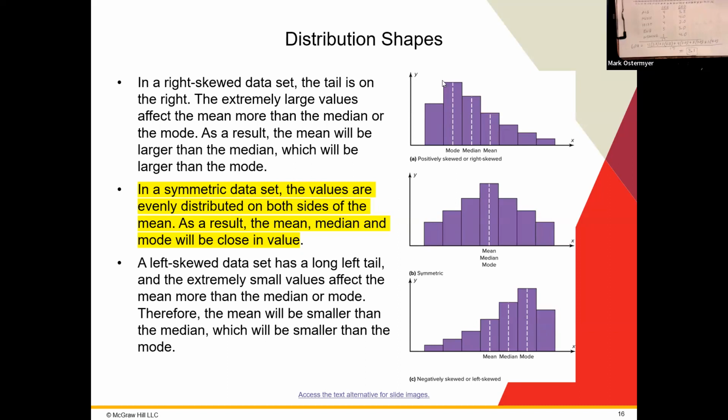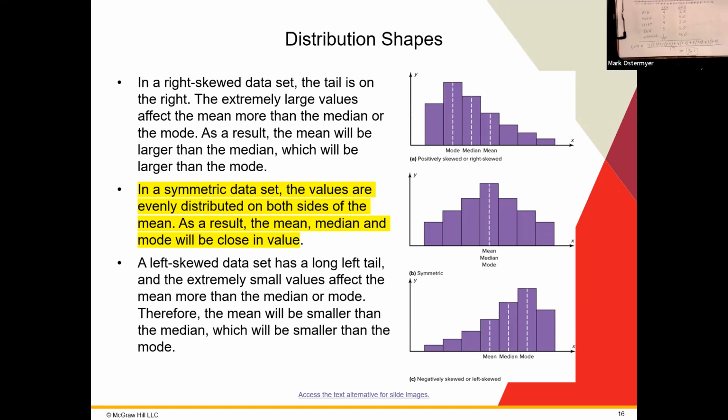If your data set does possess this positive skewness, then this is how your measures of central tendency would stack up relative to each other. The mode would be represented by the highest bar, if you will. The median is always in between the mode and the mean. So the mean would be shunted further to the right on the horizontal axis.